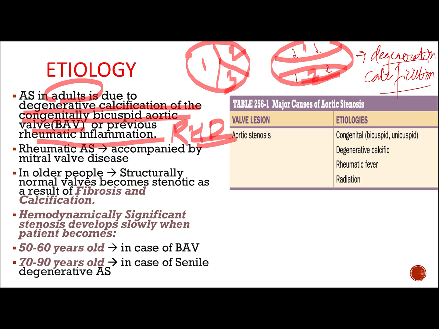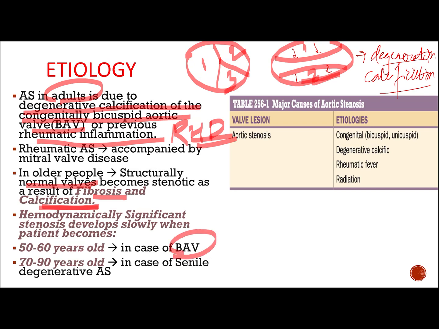So that's why I'm saying the most common cause of AS in adults would be a congenital bicuspid aortic valve which undergoes degeneration, and a previous rheumatic inflammation in which the mitral valve is affected first and then the aortic valve second. In older people also, the normal structure of the aortic valve may be fibrosed or calcified, which causes stenosis. It takes a lot of time to develop a hemodynamically significant stenosis.